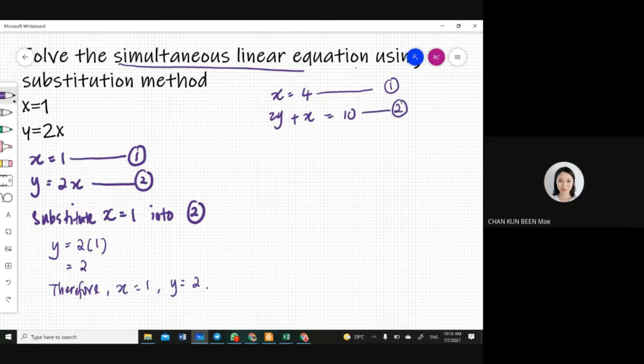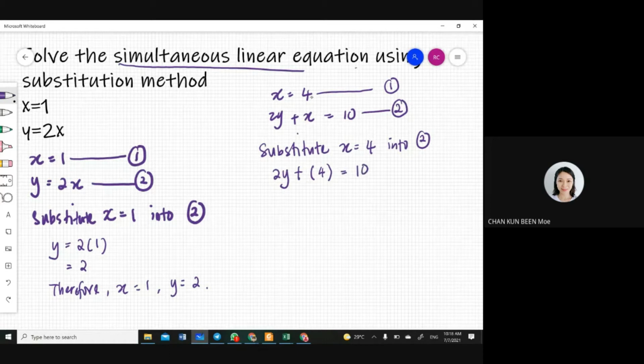Which one into which one is easier? Substitute x equal to 4 into 2. Very good, because this one is the simplest form. So I'm going to substitute into 2y plus x, where x right now is 4, equal to 10. So 2y is 10.